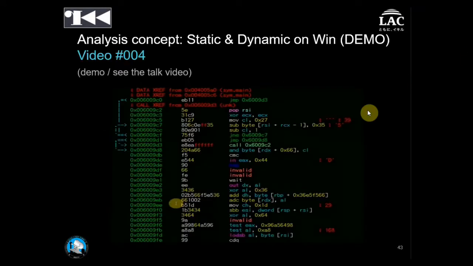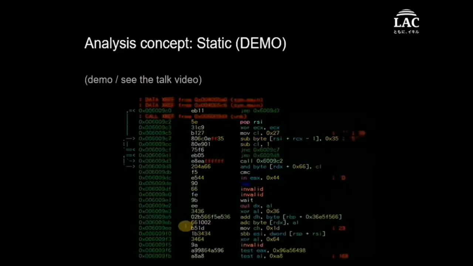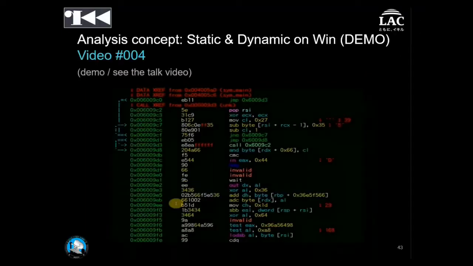And for that, we go to the next static and dynamic analysis for Windows in demonstrations. In these demonstrations, you will refer to video number 004, and we will see it soon. So the next demonstration is about the mystery shellcode binary, which is used for this practice of static and dynamic analysis on Windows 32 bits.